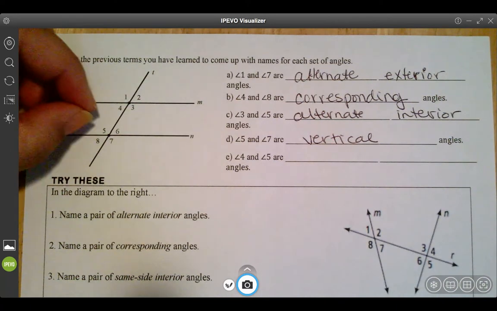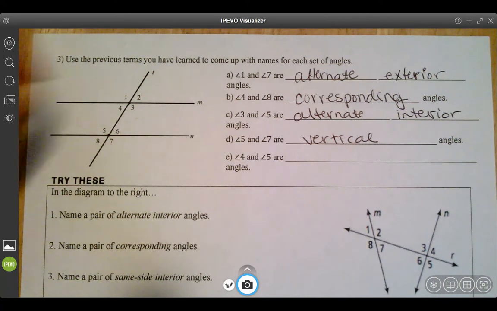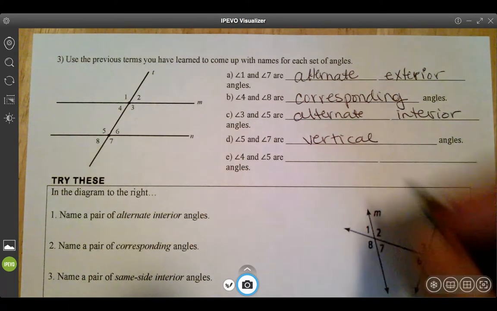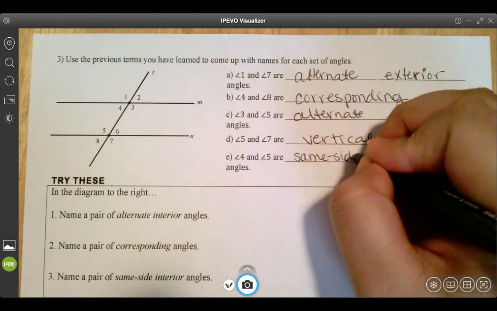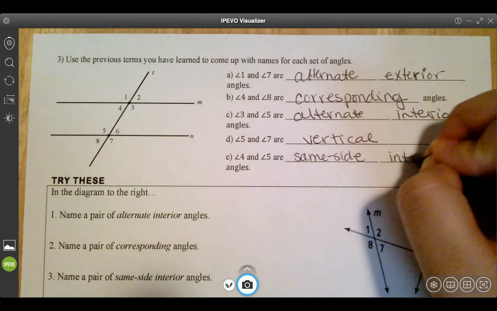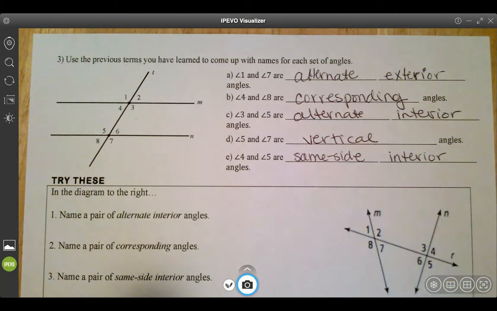4 and 5, they're on the same side of the transversal and they're on the interior. So these are same side interior angles.